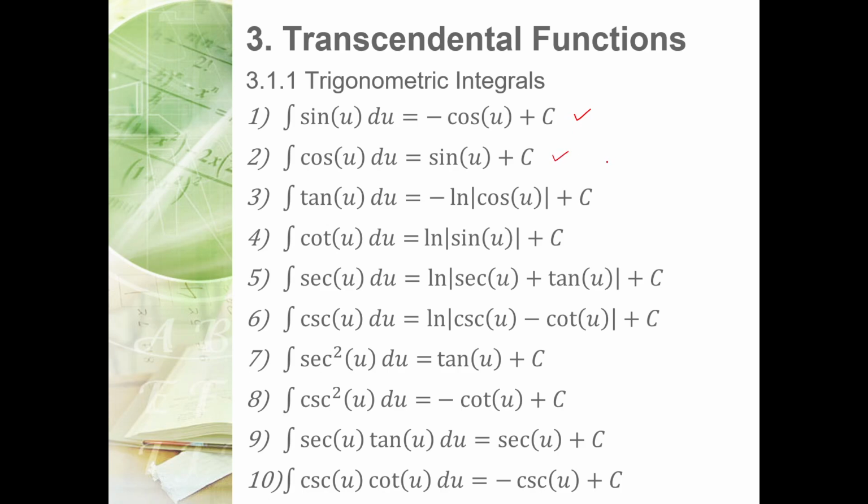You can observe that the integral of sine u is negative cosine u, because if we try to eliminate the negative sign first, the integral of cosine is negative. I mean, it's sine, right? But it needs to be negative because of our derivative, right?